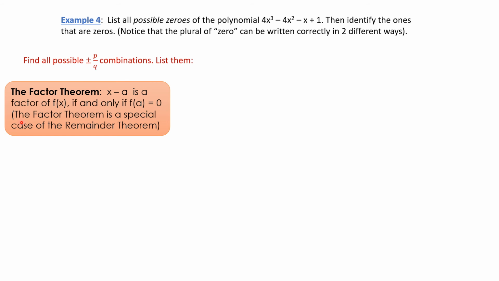So first we have to find all possible P over Q combinations. P over Q, remember what P over Q is? It's the constant. P is the constant. And Q is the leading coefficient.